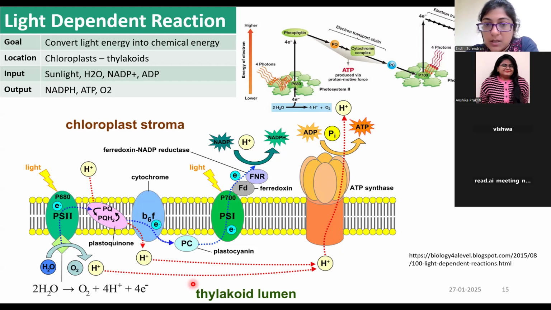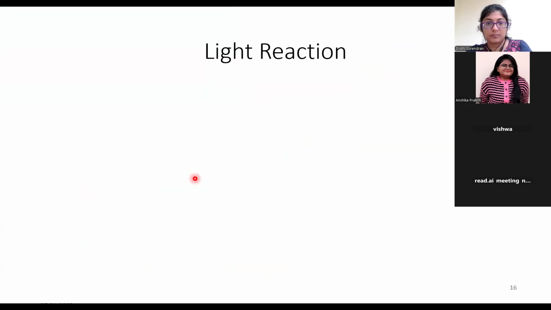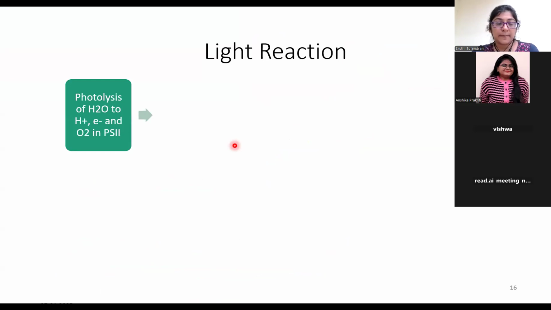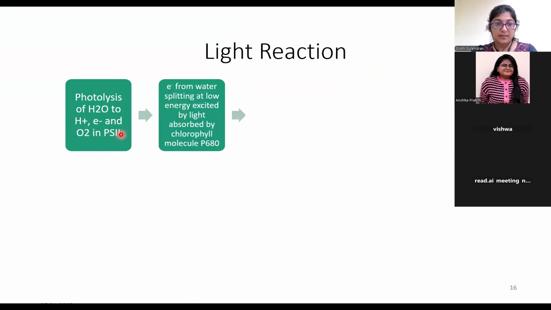So I'll continue. Right now we were looking at the light dependent reaction. Just a summary: photolysis of water is happening. It is generating protons, electrons, and oxygen in PS2. The electrons from water splitting, at low energy, are excited by the light that is absorbed by the chlorophyll molecule P680.